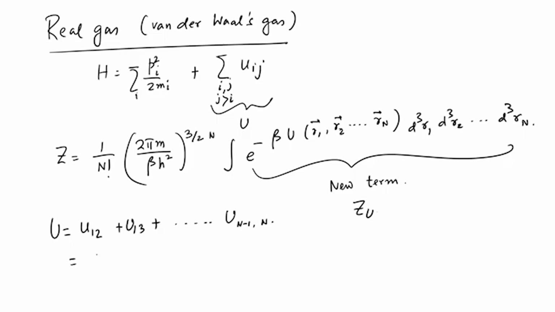which is written as the sum over u_ij, again with j greater than i. If you write it without this j greater than i, you simply have to say i not equal to j and introduce a factor of half to avoid double counting.